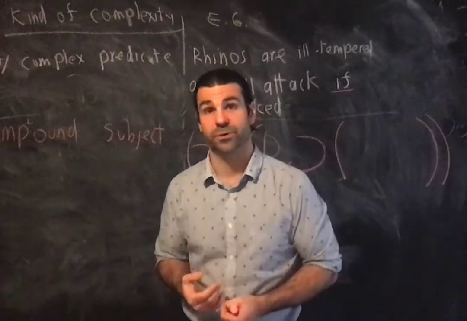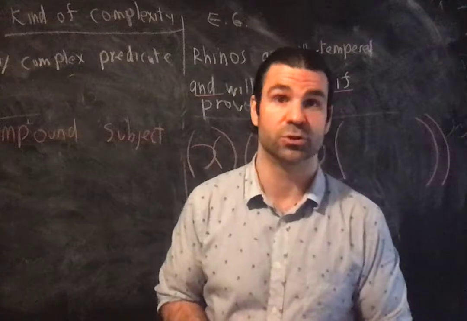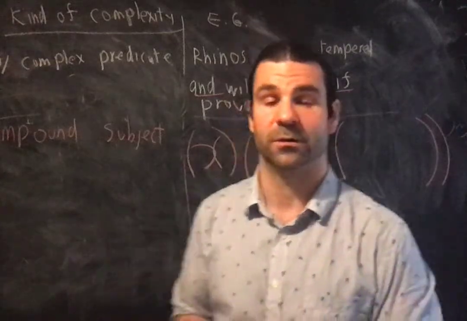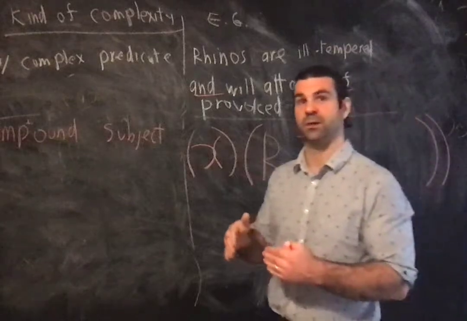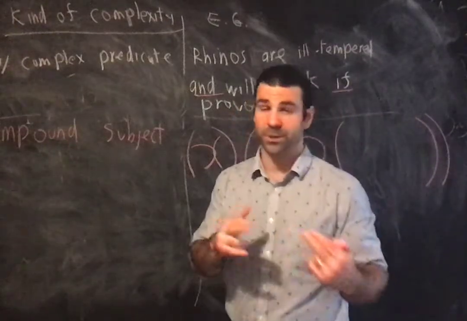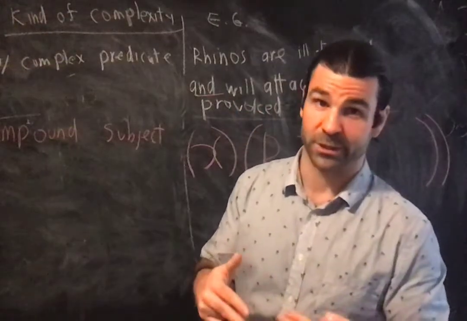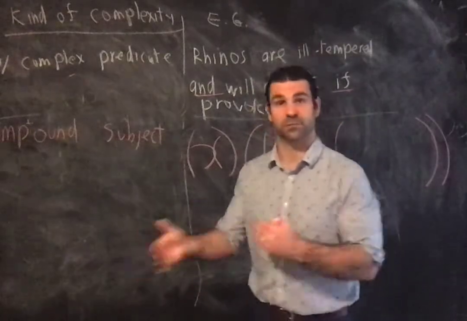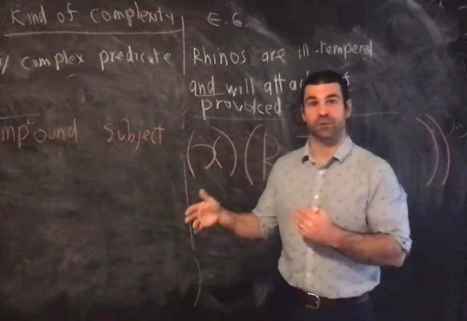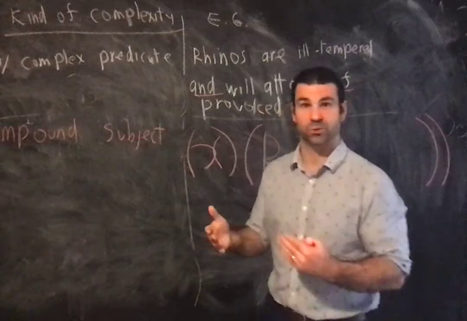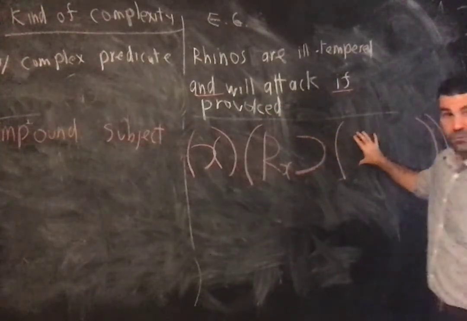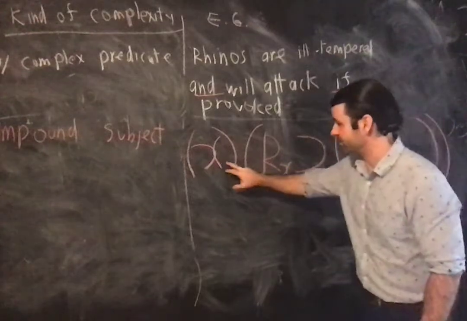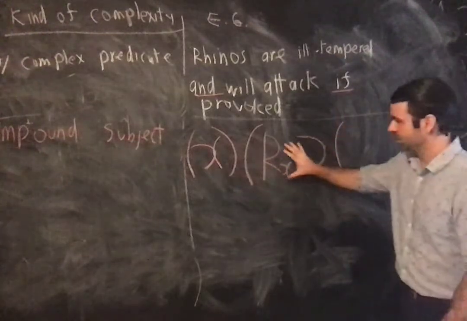Remember, the crucial thing about propositional functions: they are not true or false themselves. They're not complete. They need completion by replacing an individual variable with an individual constant for a singular sentence, or having a quantifier next to them to make a quantifier statement. So this is going to be a propositional function, as it should be, because in quantifier statements the for all x binds a propositional function.